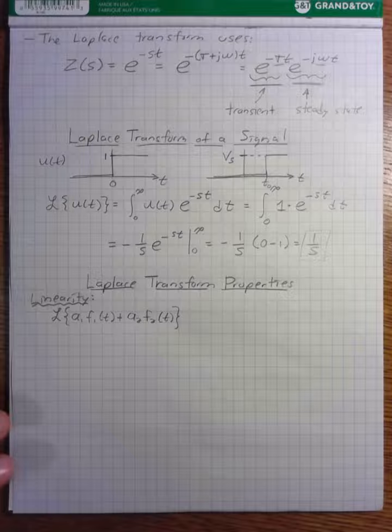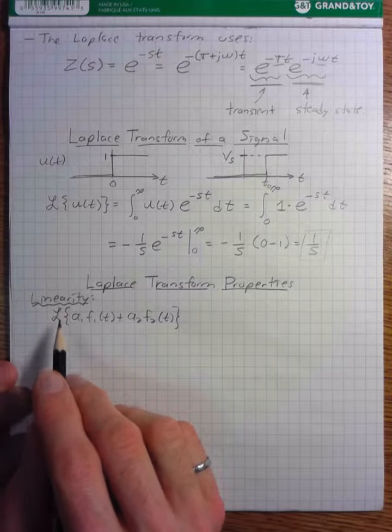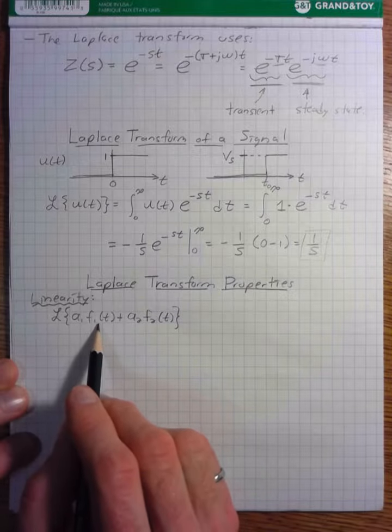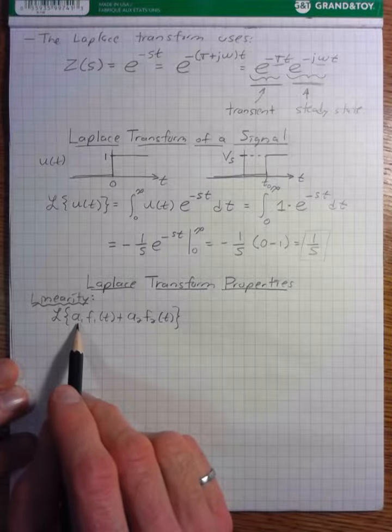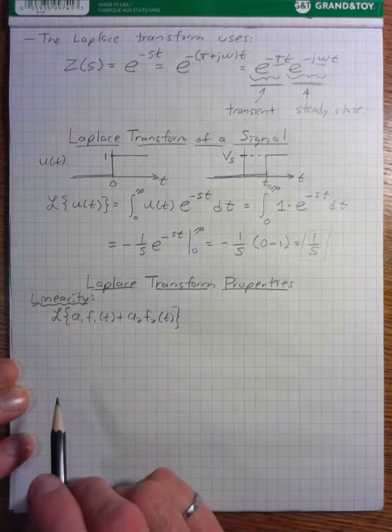Okay, so in order to show linearity, what we start out with is taking the Laplace transform of the summation of two time domain functions, f1 and f2, that have each been scaled by a different value. So multiplied by a1 and multiplied by a2.